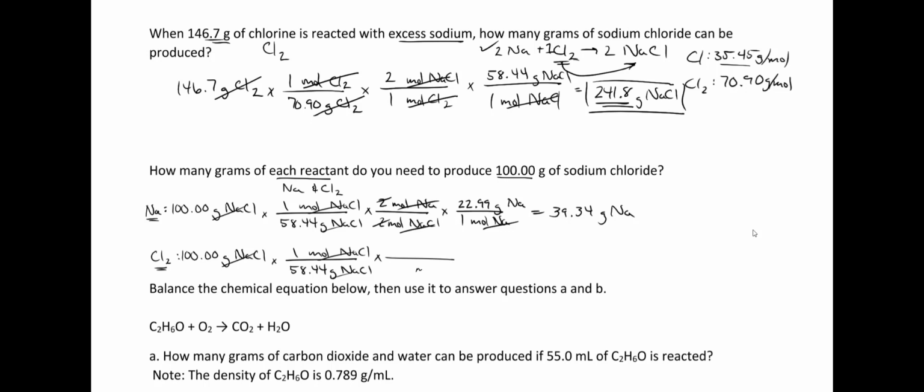And we want to go now from moles of sodium chloride, this time to moles of chlorine. Looking at the balanced equation, we see that every 2 moles of sodium chloride requires 1 mole of chlorine. And then going back and looking at our numbers, we see that 1 mole of chlorine, Cl2, has a mass of 70.90 grams of chlorine.